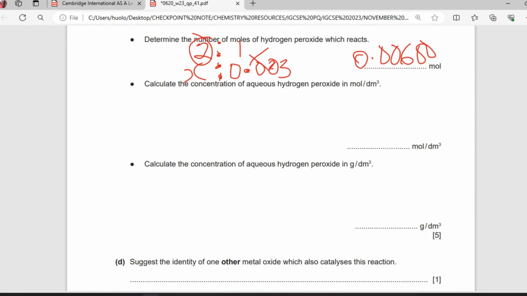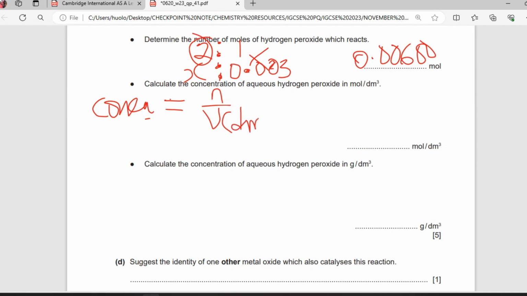Concentration is mole times what? n equals CV. So concentration is equal to n over V. But remember, our volume has to be in dm cube.